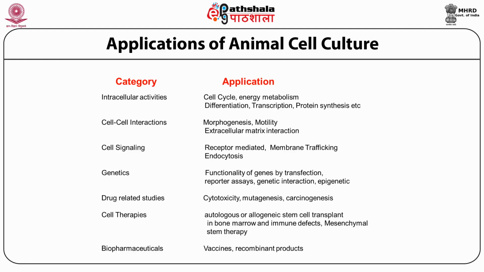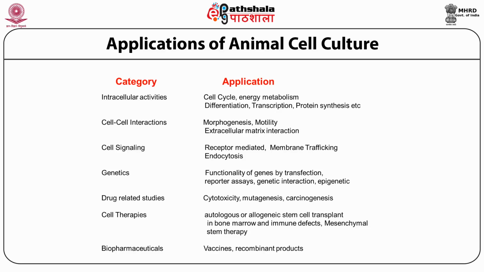Cell culture has helped a lot in understanding the biology of signal transduction pathways such as the receptor-mediated, membrane trafficking, endocytosis, etc. Mammalian cell culture can also be used for studying genetic interaction and functionality of the genes by reporter-based assay and by process of transfection.